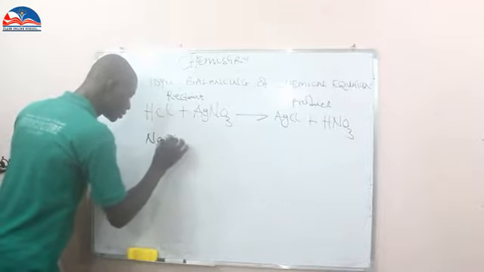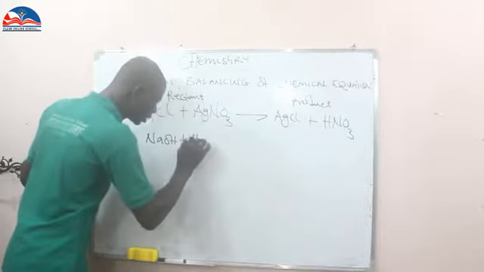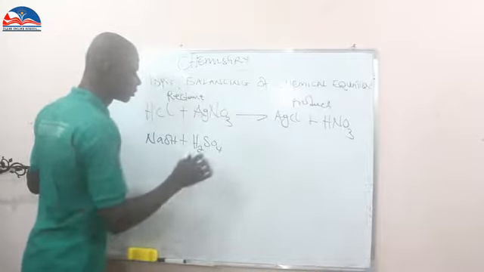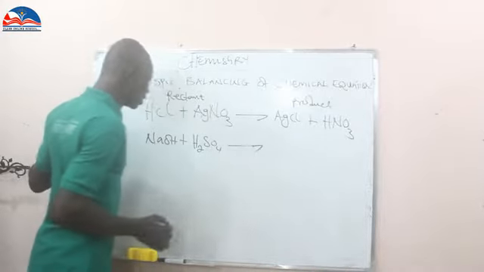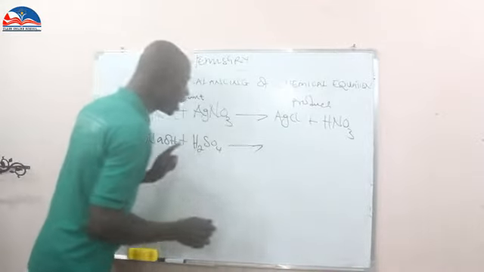Sodium hydroxide plus hydrogen tetraoxosulfate 6. Now in this case, what am I going to have? Watch what is going to happen here.